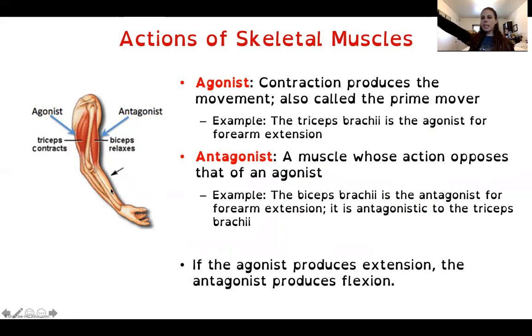When you're extending, you're using the triceps brachii to do forearm extension. That is the agonist. The antagonist is usually on the opposite side, and it's a muscle whose action is basically opposing the one of the agonist. An example is the biceps brachii. If an agonist produces extension, then the antagonist produces a flexion.